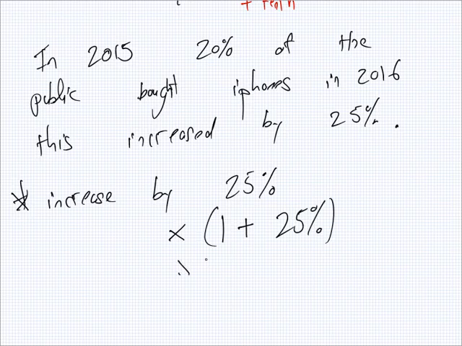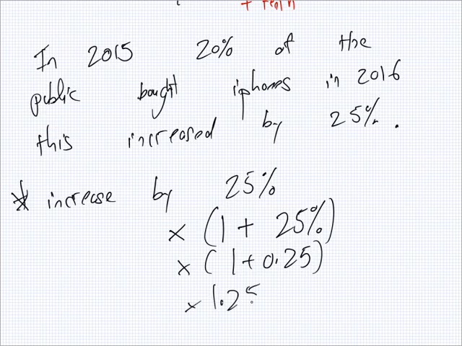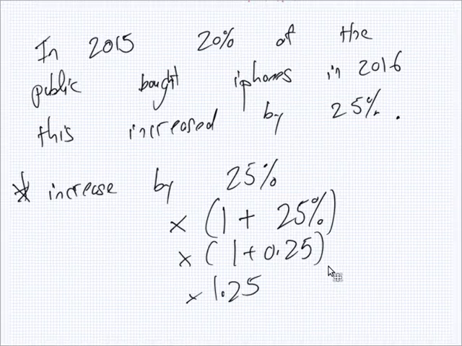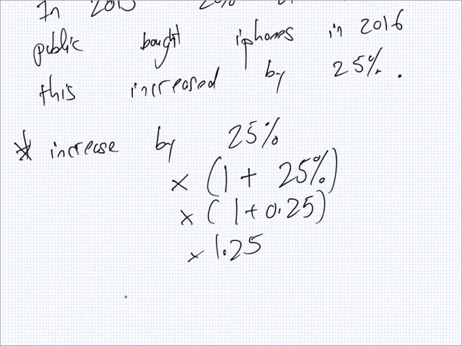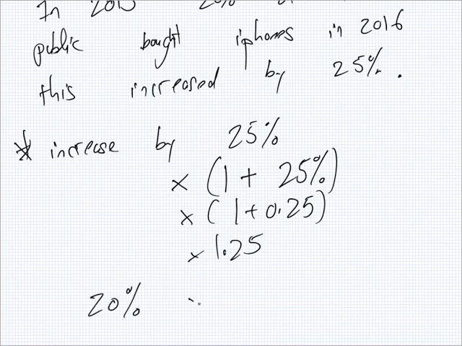So that means you multiply by 1 plus 0.25. So you multiply by 1.25. So this is how you increase by 25%. So let's check that out. If we take 20% and we multiply it by 1.25, we get 25%.